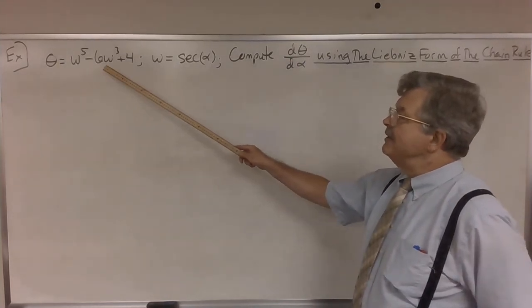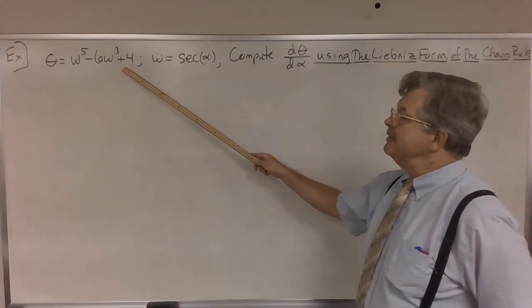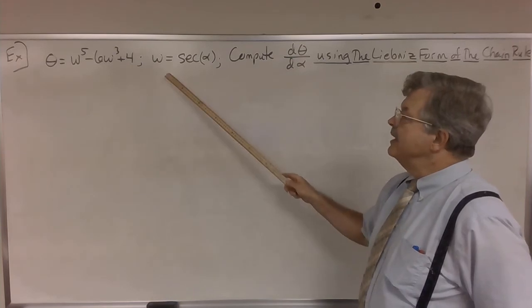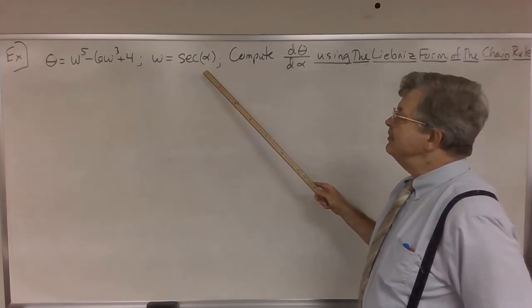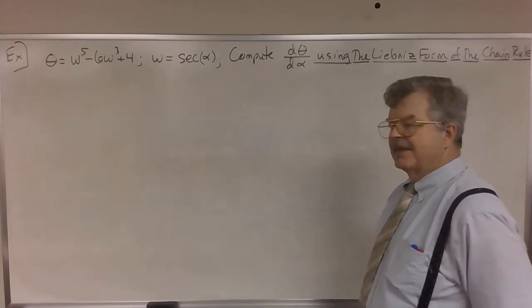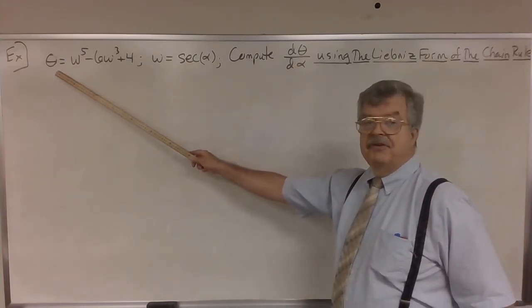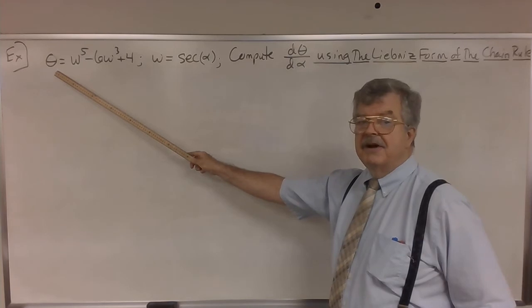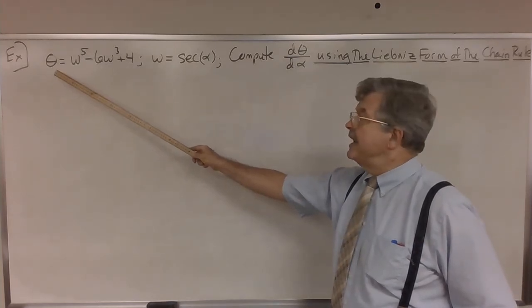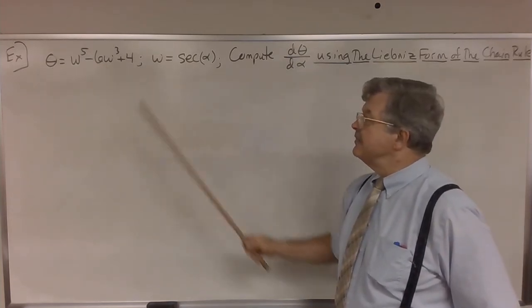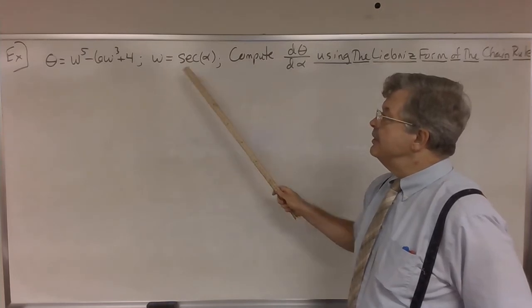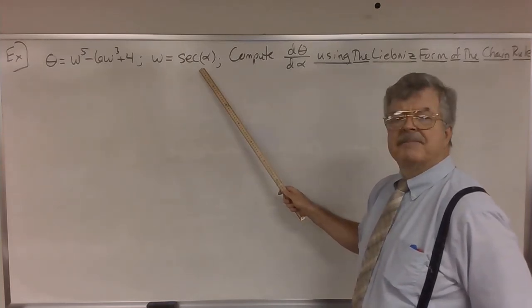Theta equals w to the fifth minus 6w cubed plus 4, and w equals secant of alpha. Now, theta is not directly given as a function of alpha, but theta is a function of w, and in turn, w is a function of alpha.